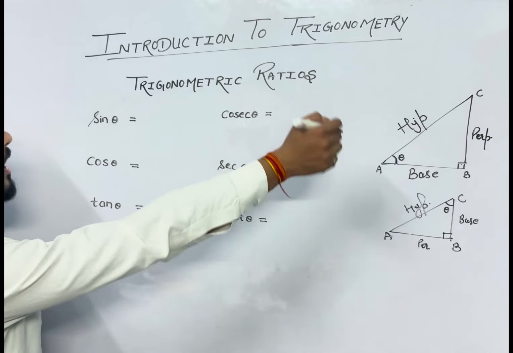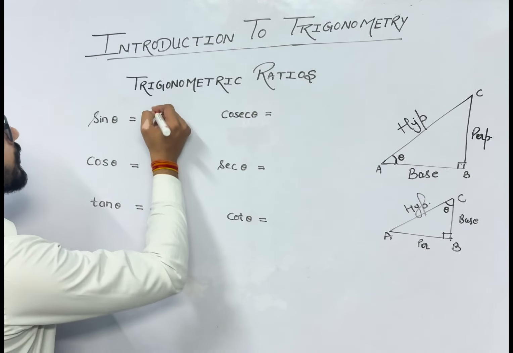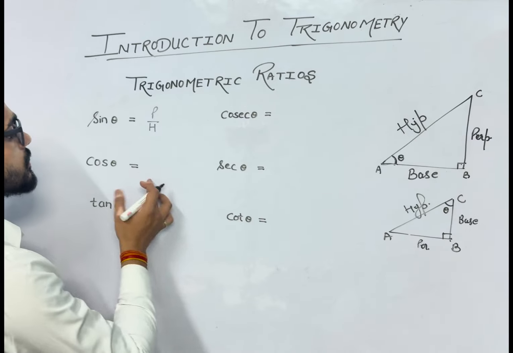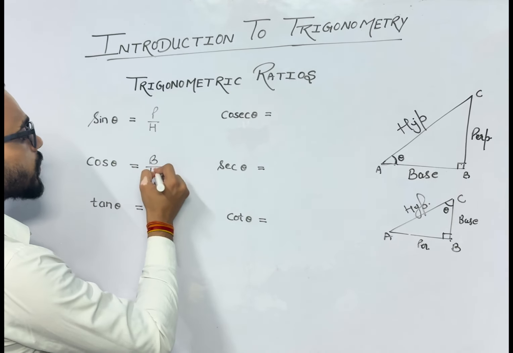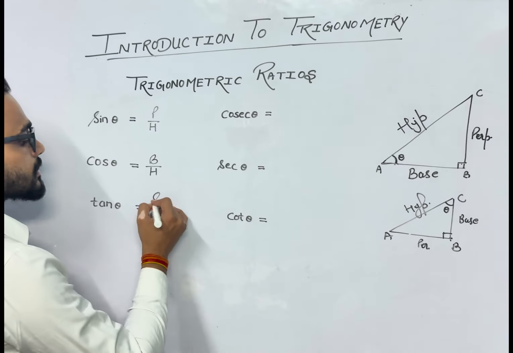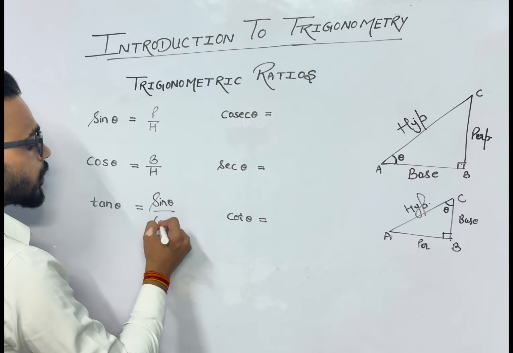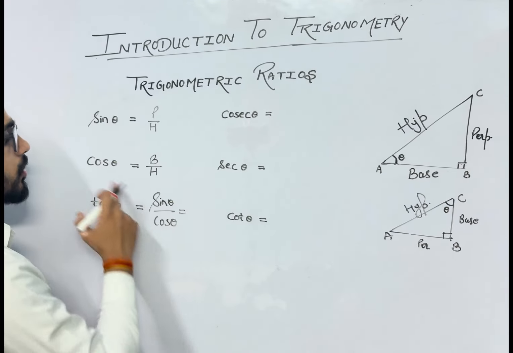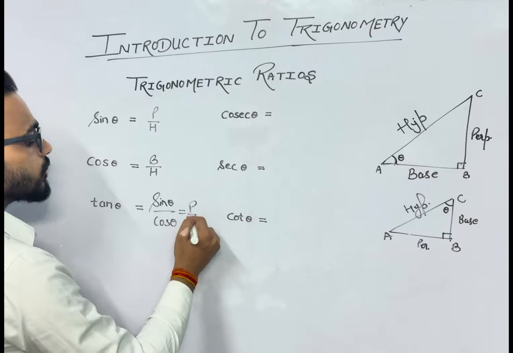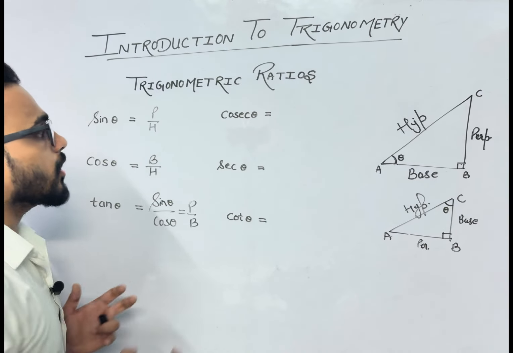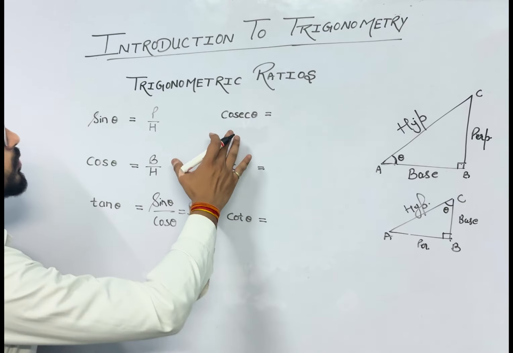First of all, sin theta is perpendicular upon hypotenuse, and cos theta is base upon hypotenuse, and tan theta is sin theta upon cos theta, which is perpendicular upon base.